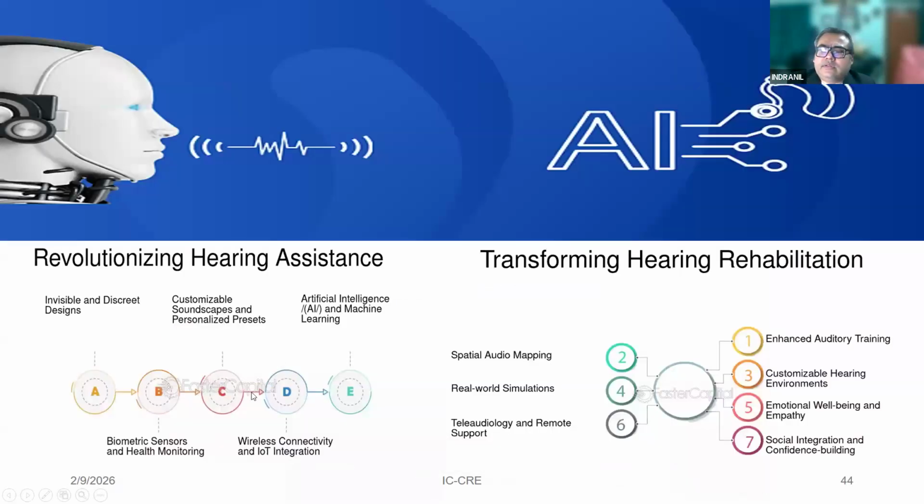And then there are a lot of AI tools out there that use data science methods. For hearing assistance, we have a lot of AI machine learning approaches, and we can transform hearing rehabilitation at different levels like spatial mapping and real-world simulations, and deep neural networks are used in different types of hearing aids nowadays.